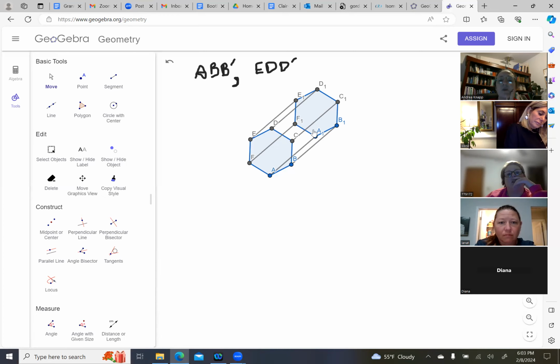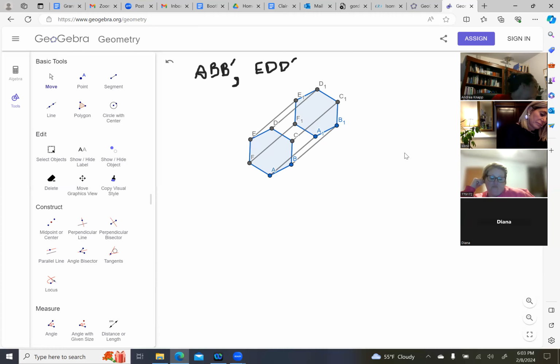And then you've got this right-hand face, B, B1, C1, C, is parallel to F, F1, E1, E. And so on. The planes are parallel.